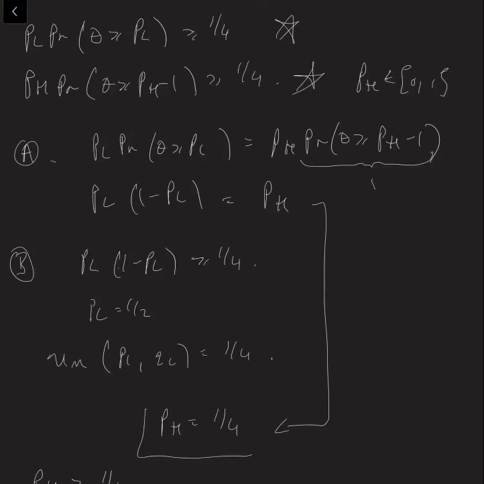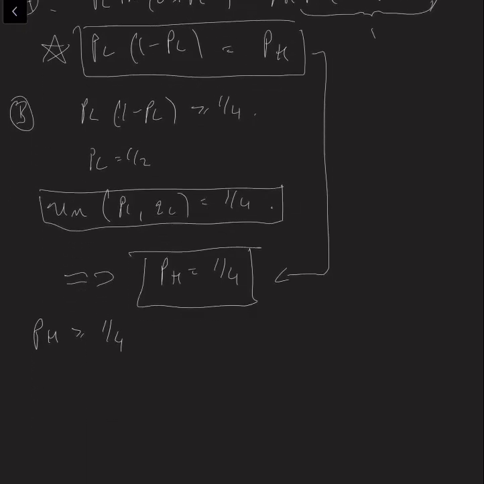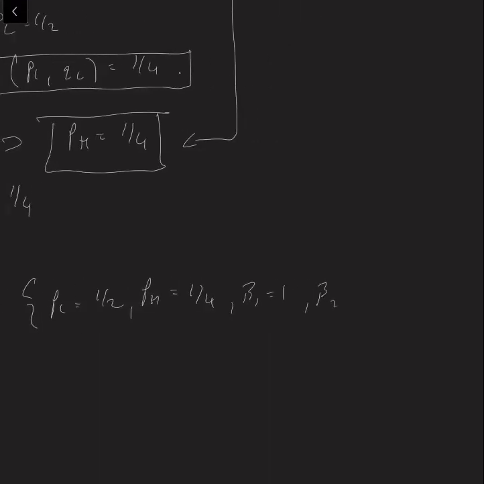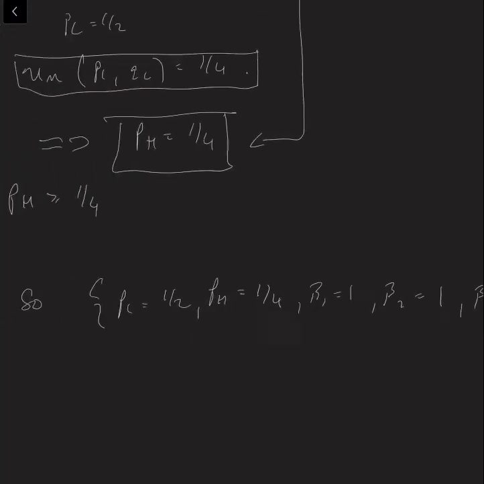From this and this combined, we know that PH must be equal to 1/4, and so we have a unique separating PBE, where PL is equal to 1/2, PH is equal to 1/4, and then our beliefs defined above. And that is a unique separating PBE.